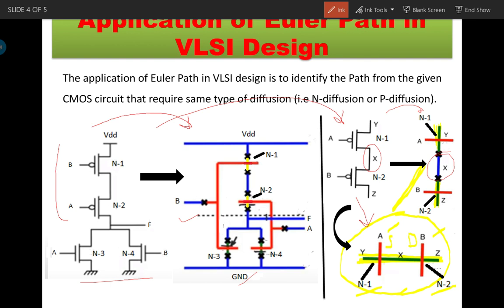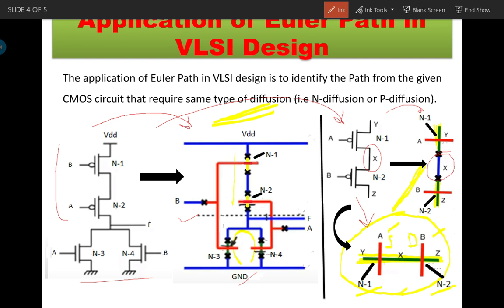What is the Euler path concept here? If you look at this circuitry, this path is known as the Euler path. A single path which consists of the same diffusion transistors is known as the Euler path in the circuit.